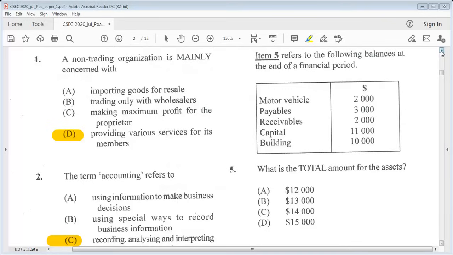So we know that our assets would be motor vehicle, $2,000, receivables, $2,000, and building, $10,000. So that would be $14,000. So C would be our answer.